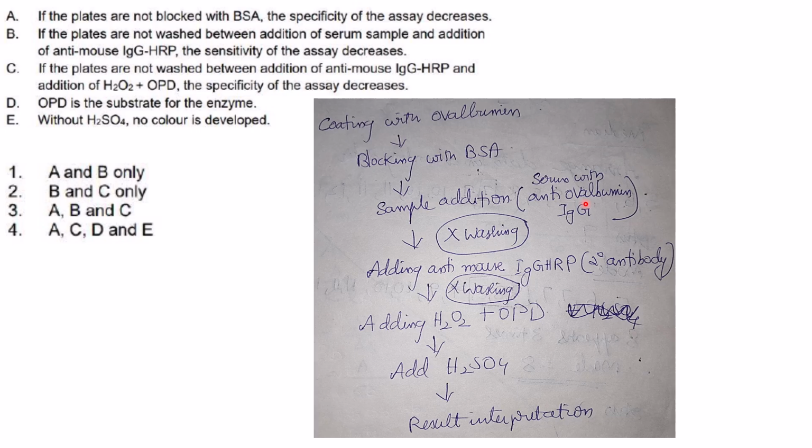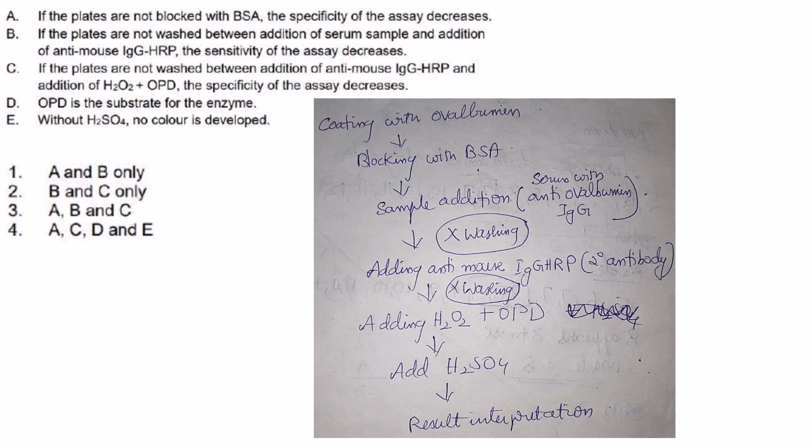So you may not get individuals showing true positives, that is those who are infected with corona as well as those who are not infected with corona will give the same result. That is what is meant by this, that the sensitivity of the assay decreases. Yes, that is also correct.